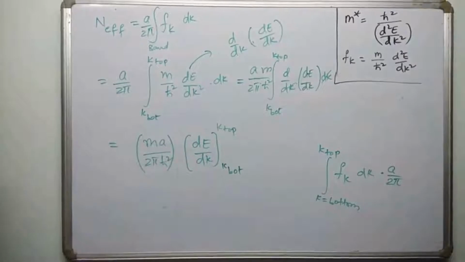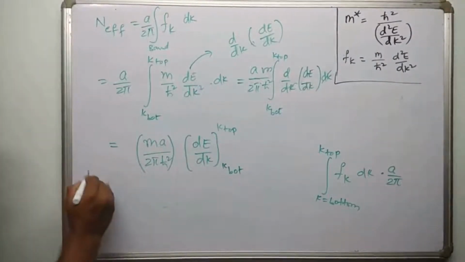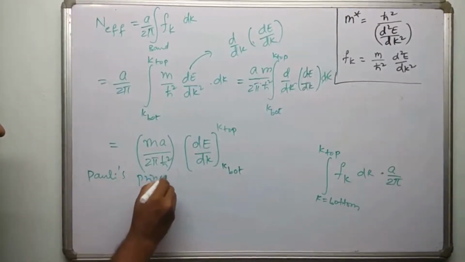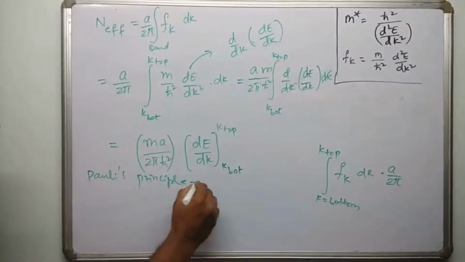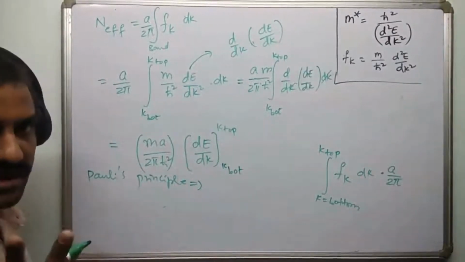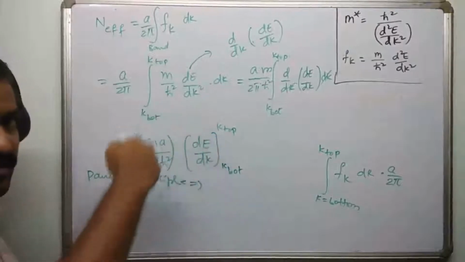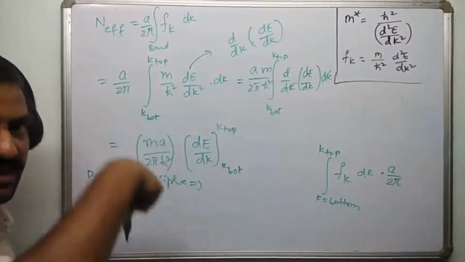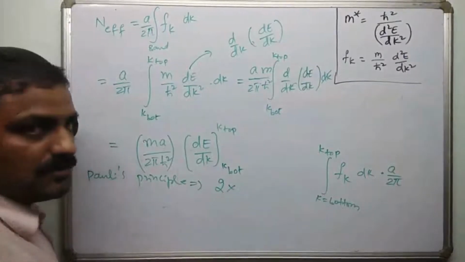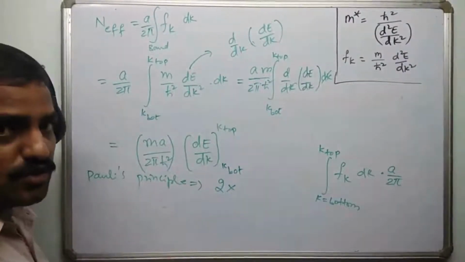Here you have to remember one more thing. Pauli will come into picture. Pauli's principle says one state can be allotted to 2 electrons. So one upspin and one downspin is possible in each state. So you have to multiply this by 2, because one state can be given to 2 electrons.